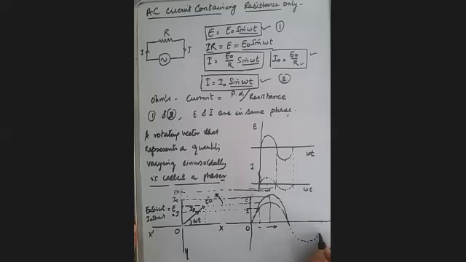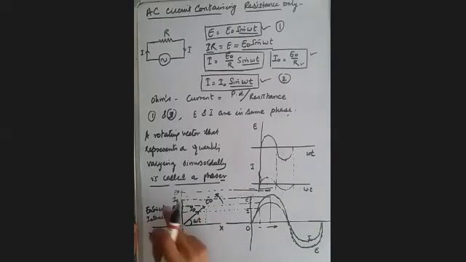So this is for I. This is for E. So as this vector rotates in the anti-clockwise direction, we get a curve for I as well as E like this.